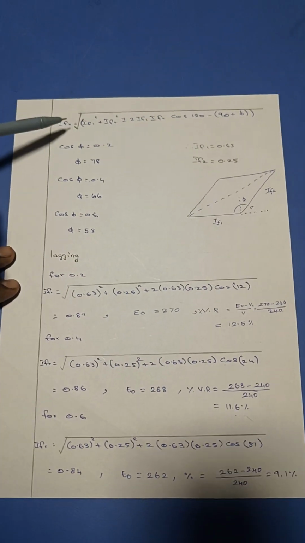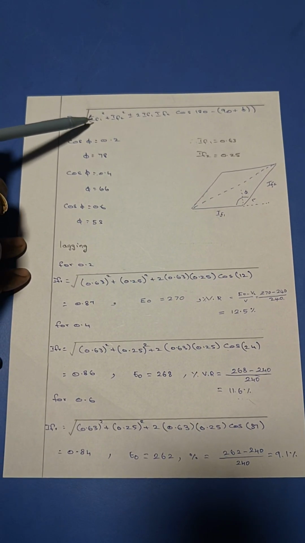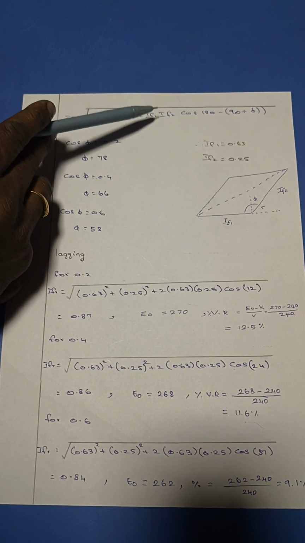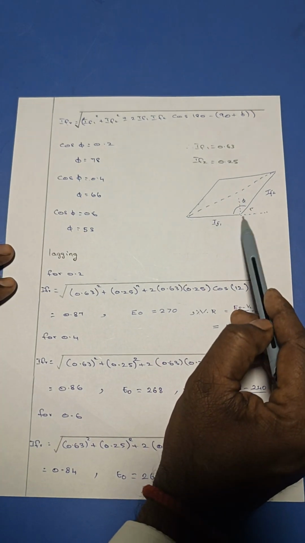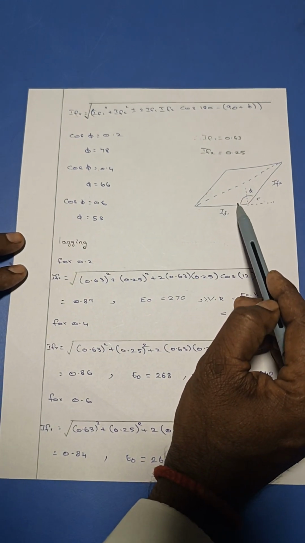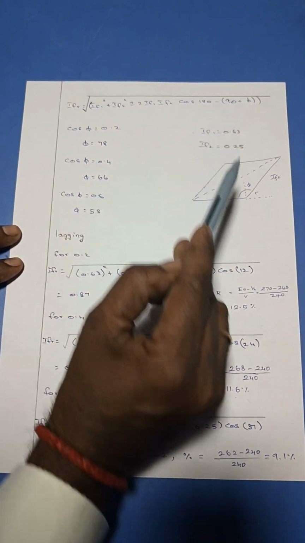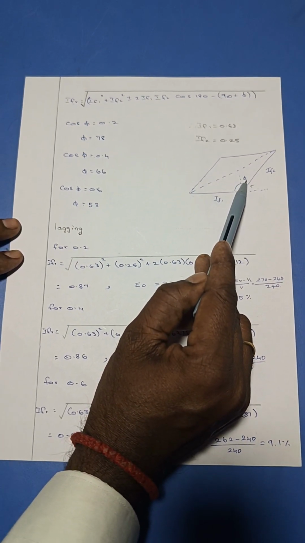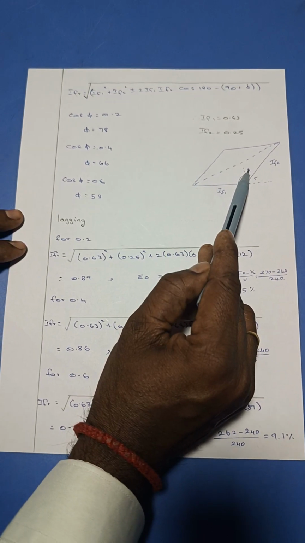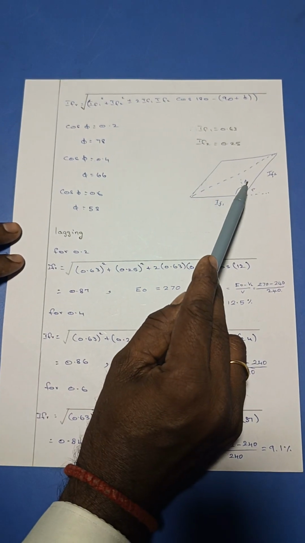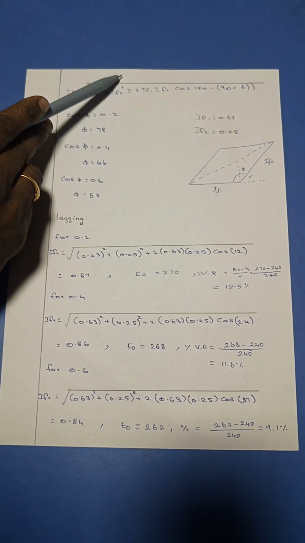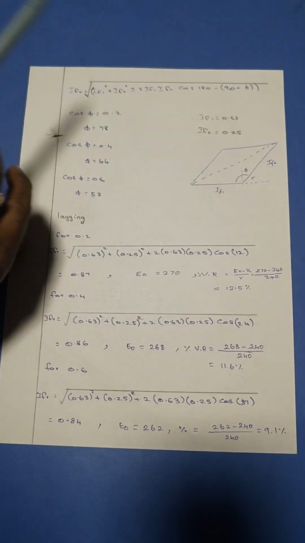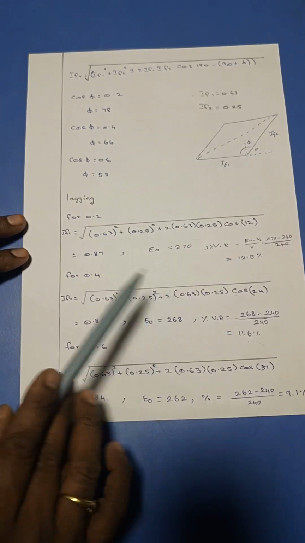The resultant is equal to root of IF1 square plus IF2 square plus 2 IF1 IF2 cos of 180 degrees minus this angle, that is 90 plus phi, where phi is the angle from the power factor. This plus reflects the lagging power factor, this minus reflects the leading power factor. For the first case, we are going to solve for the lagging power factor.